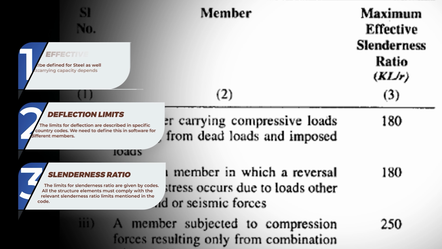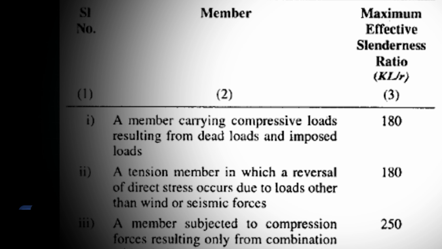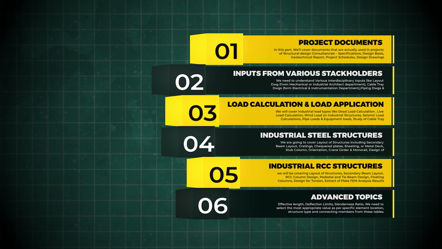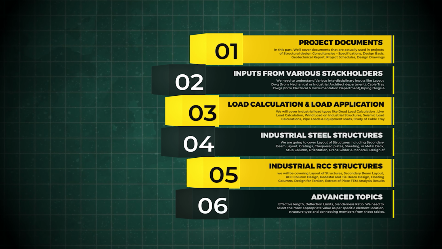We need to pick up the most appropriate value as per specific element location, structure type, and connecting members from this table. Friends, as you can see, we have actually covered most of the topics that a competent structural engineer with 4 to 5 years of experience would be aware of.